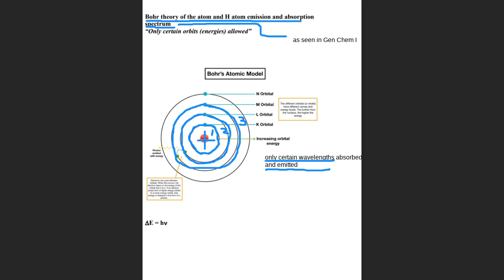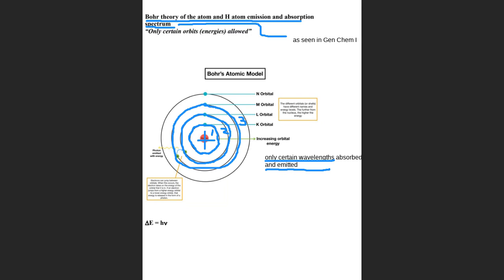And now only specific energies are allowed in Bohr's idea. You can have the energy for 1, or you can have the energy for 2, but you can't have any energies between 1 and 2. In other words, the energy of the atom comes in discrete bits, or is quantized.